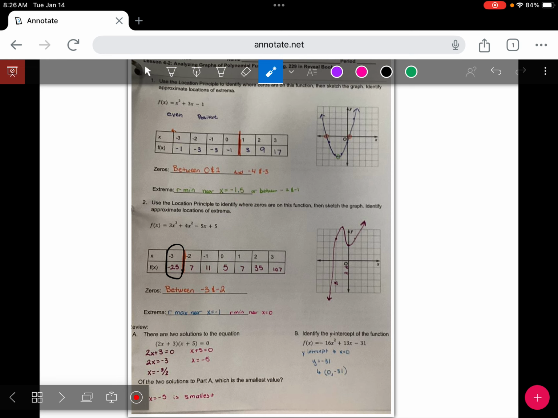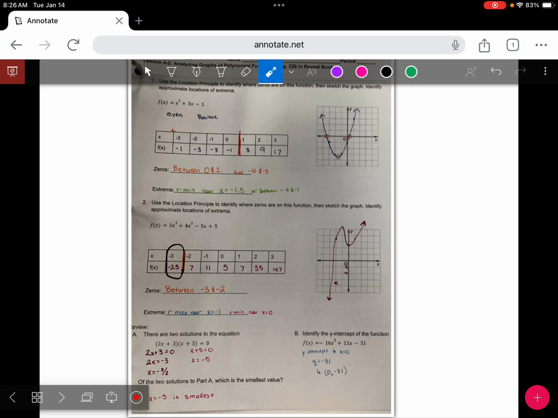I put down a couple of different ways to write down the extrema for the first one: that it was near -1.5, or between -2 and -1. Somewhere in that area. I don't care how you word it. Just looking at it, trying to get the vibe of it. It's right in between where we'd have that lowest spot. If you said near x equals -1 or near x equals -2, I'd pick that as well.